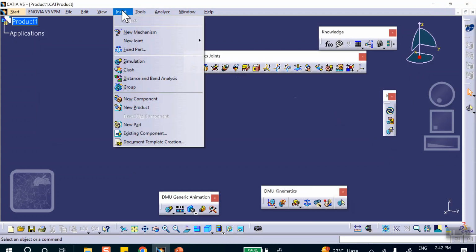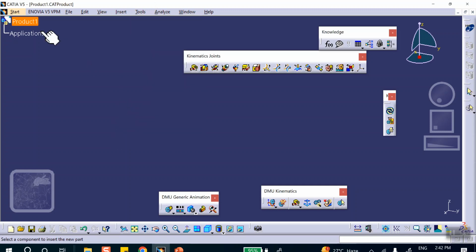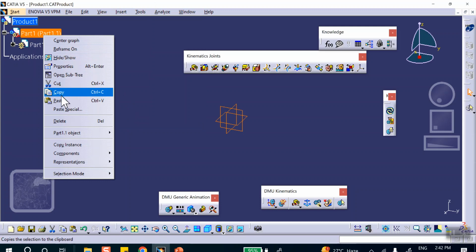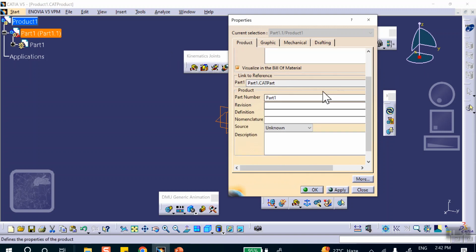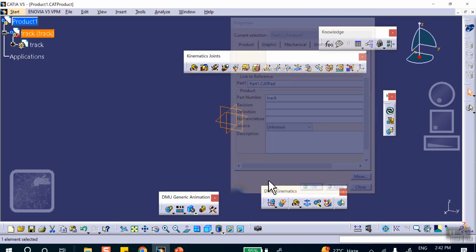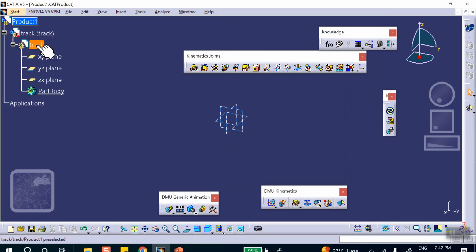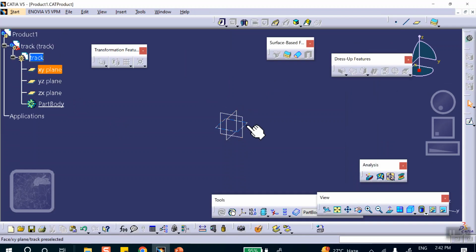So insert a new part in there. Let's do that as the track. Right click, properties. We're going to do that as the track. Make it. Double click on that vertical plane.